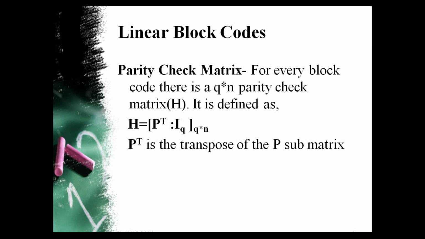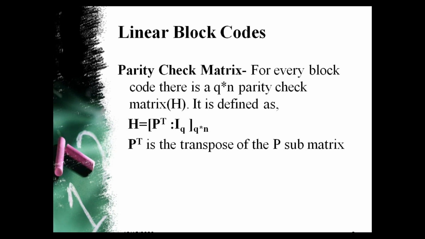Then the general form of the H matrix: G and H are related. We are generating or constructing that linear block code corresponding to a generator matrix given, or P submatrix given, or H matrix given. These all are related.